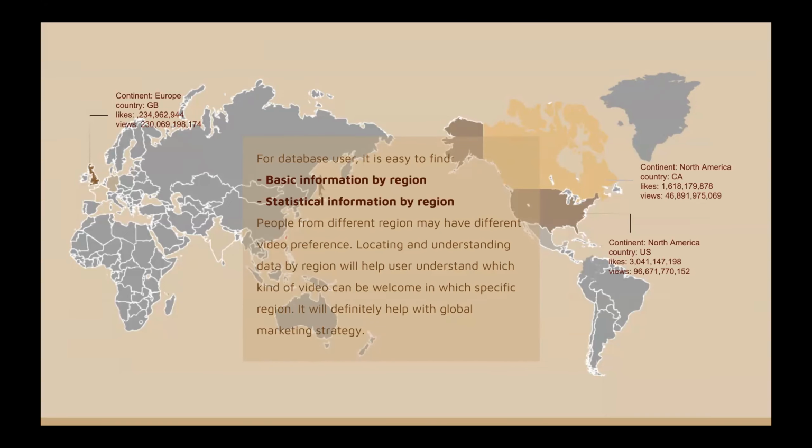Sometimes people from different regions may have different video preferences. So by locating and understanding data by region, it will help users understand which kind of video can be welcome in which specific region. It will definitely help with global marketing strategy.